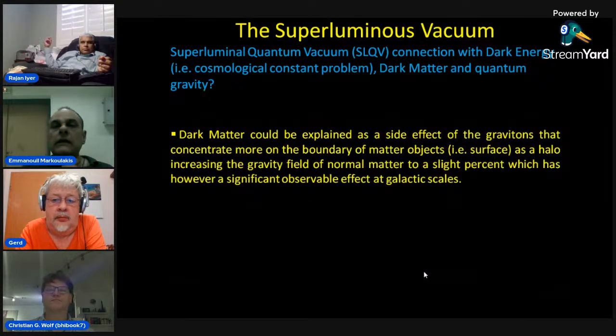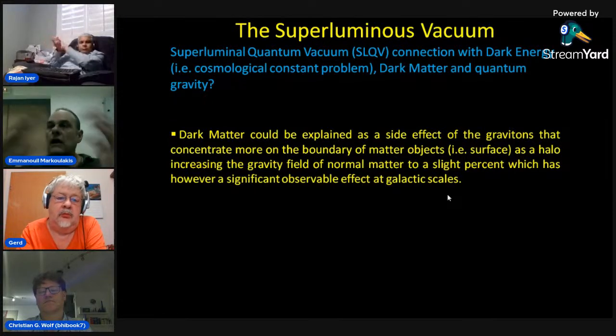What is the possible connection of the superluminal quantum vacuum with dark matter? Dark matter could be explained as a side effect of the gravitons that concentrate more on the boundary of matter objects, on their surface, as a halo, increasing the gravity field of normal matter by a slight percentage, which has, however, a significant observable effect at galactic scales.